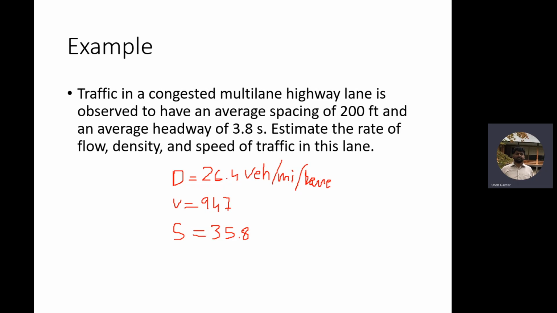Units of flow rate: vehicles per hour per lane. Why we are putting per lane here, I will tell you now. For per lane, we did not do any calculations. It's like a default. And what about the speed? Miles per hour, right?